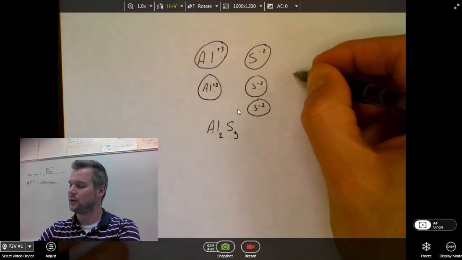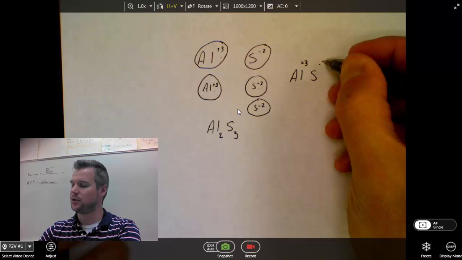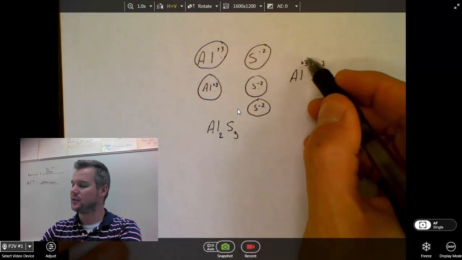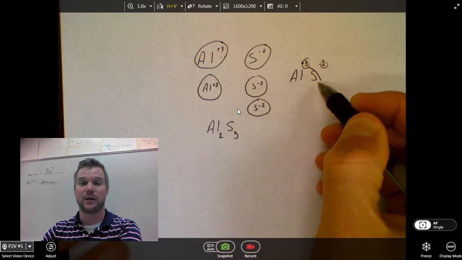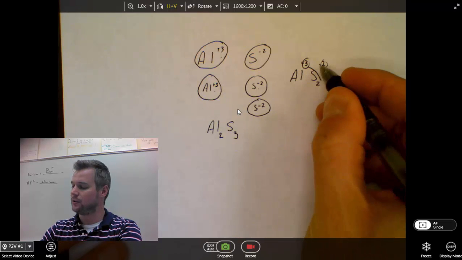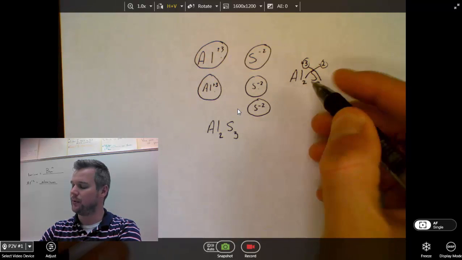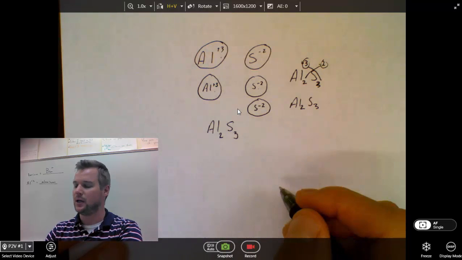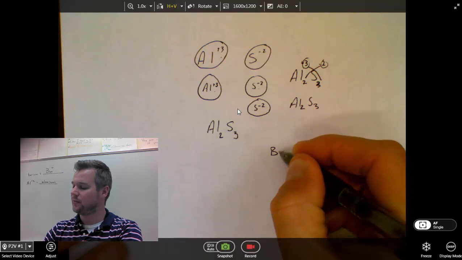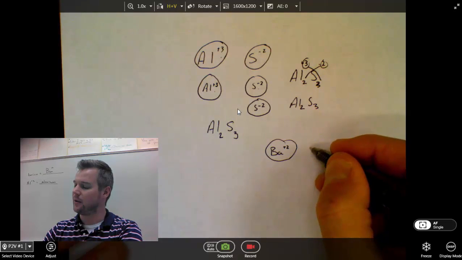Now, the other way to do this is called the crisscross method, where I'm taking my 2 charges and I'm putting them together. I'm going to take just the number, not the sign, and it's going to get put on the opposite particle. So my 2 comes down onto aluminum, resulting in Al2S3, which is the same formula. Now you might be wondering, what if I had something like this, Ba2 plus and O minus 2?